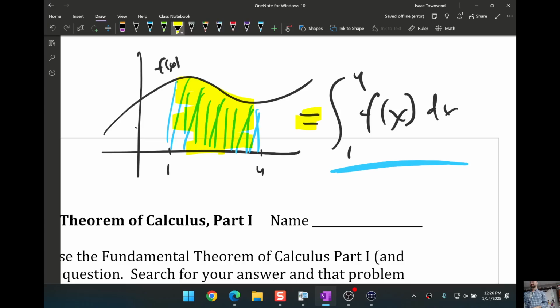So t becomes 1. What happens when you integrate from 1 to 1? Right. And if you're thinking about areas, then that makes sense. If you start at 1 and end at 1, it doesn't open up at all. You can just erase it. Technically, that's a property you're supposed to know, but if you want to think about it as areas, it doesn't open up.